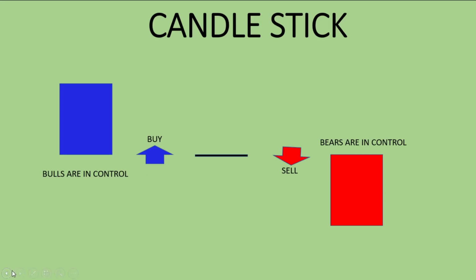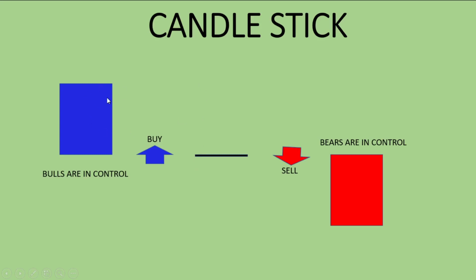What is a candlestick? Let's say you are in a market, the market hasn't yet opened. This means that the market is neutral. If the buyers come in with pressure in the market, they will push the market to go up, right?